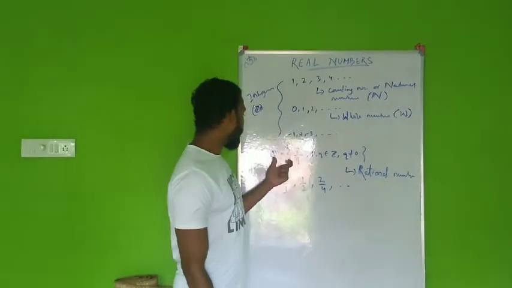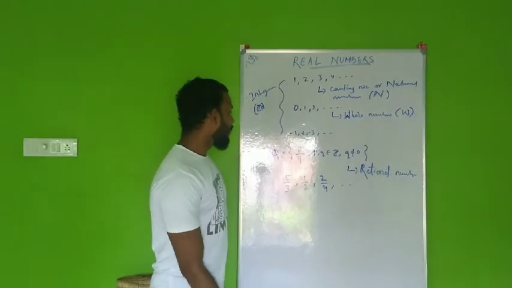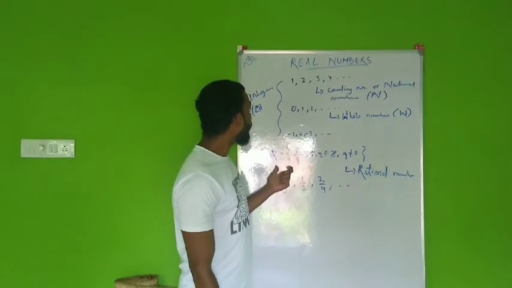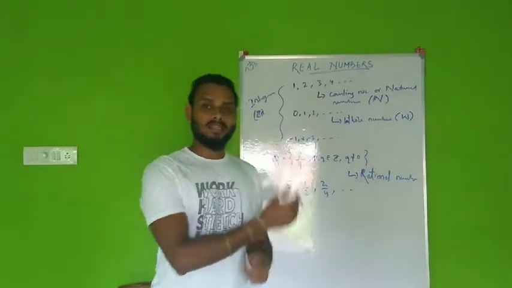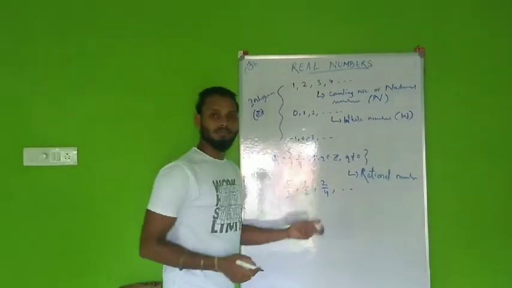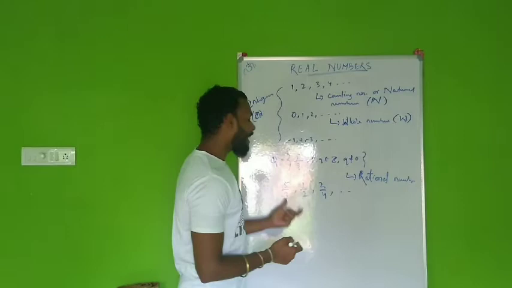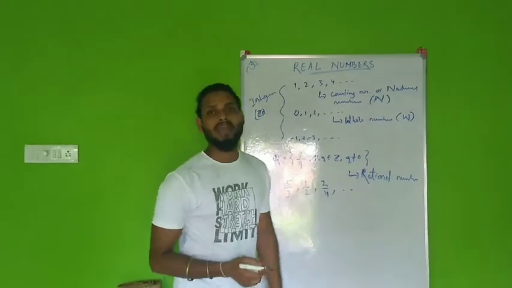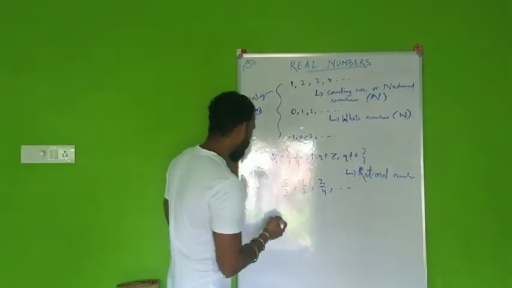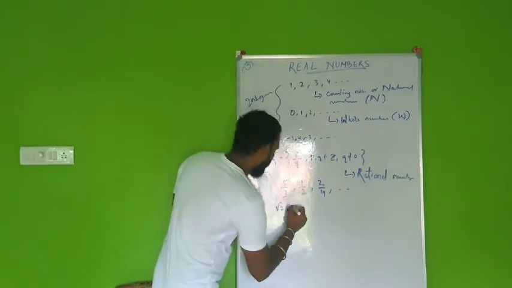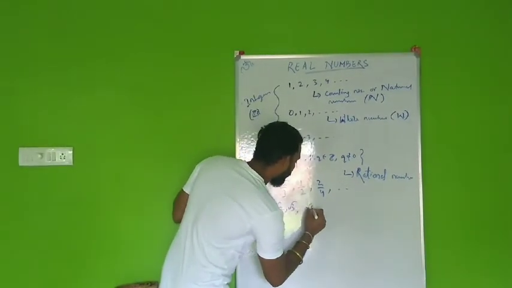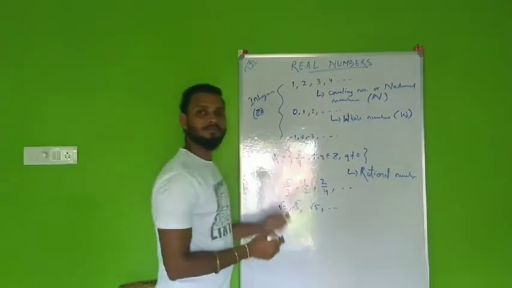Now, when I say it is a rational number, I am just one step behind the set of real numbers. So what is that step? There are some numbers that cannot be represented in the form p by q, for example √2, √3, √5 and so on.